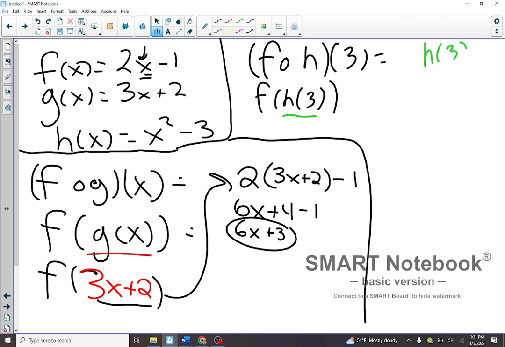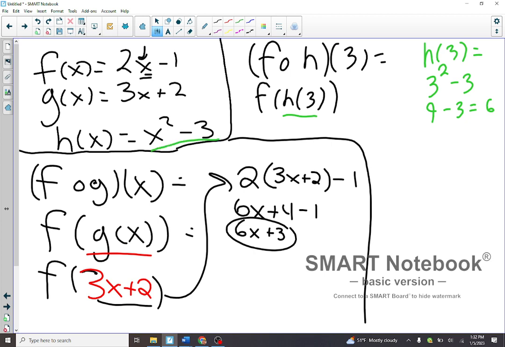H of 3 is every x becomes a 3. So this is going to be rewritten as 3 squared minus 3. I'm looking at the H equation. So 9 minus 3 gives me 6. Wait, can you repeat that? Yes. If it's H of 3, because this is the letter H, I'm using the H equation over here.